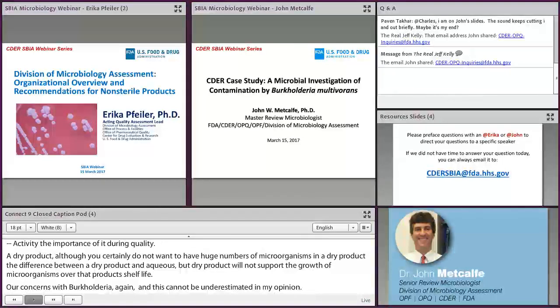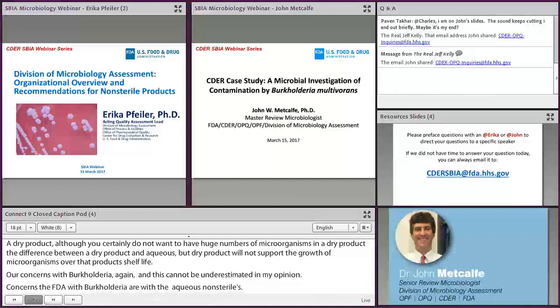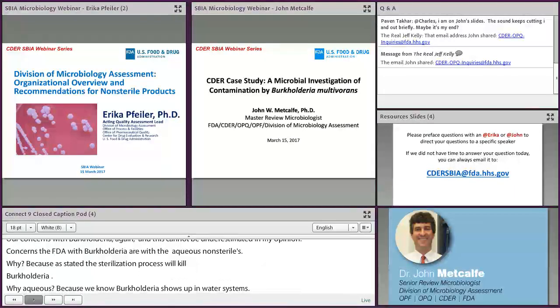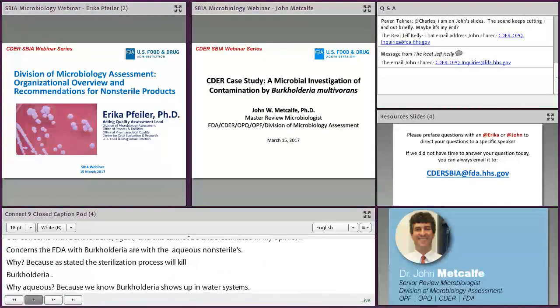Why non-sterile? Because as stated, the sterilization process will kill Burkholderia. Why aqueous? Because we know Burkholderia shows up in water systems, and if your product is aqueous, then it has a water activity high enough to allow for proliferation during shelf life.